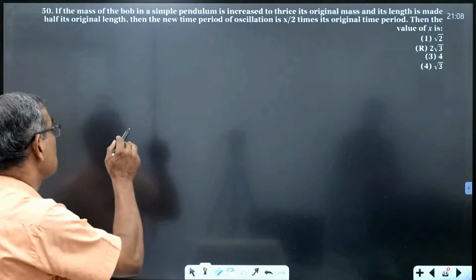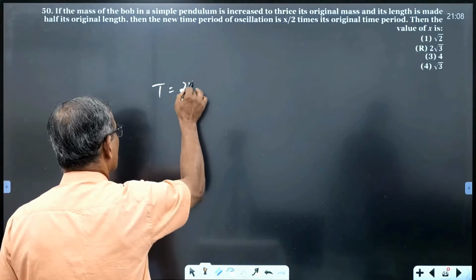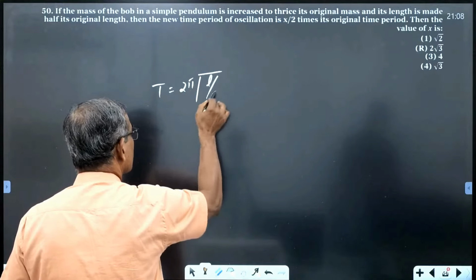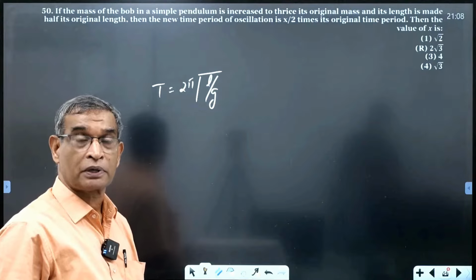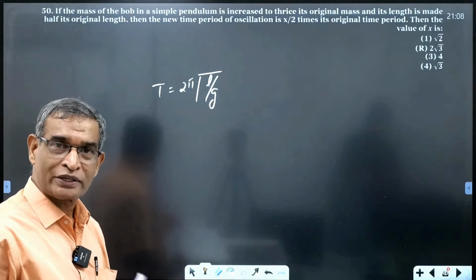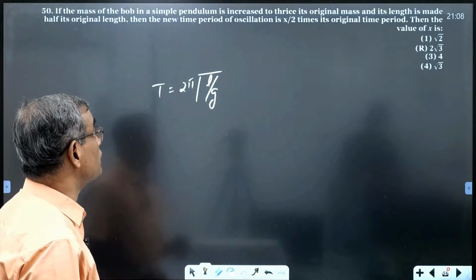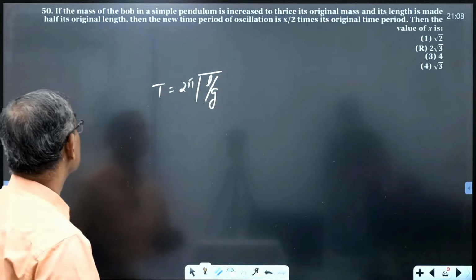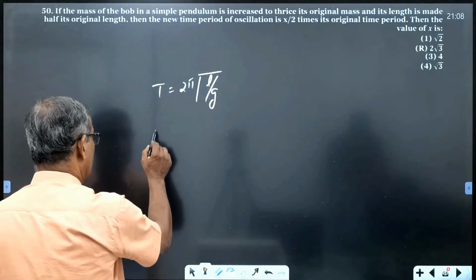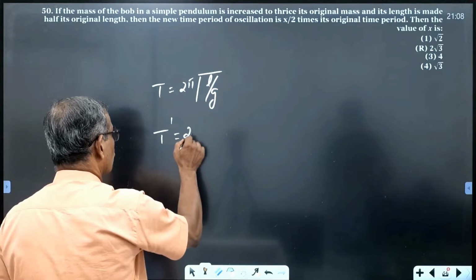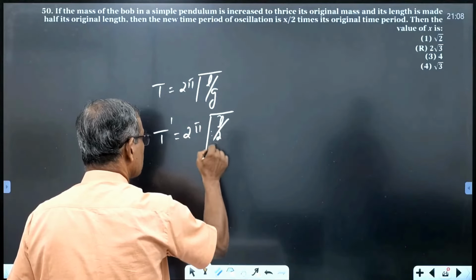Now, you know the time period of a simple pendulum T is given by 2 pi root of L by g, and there is no room for the mass of the bob in the expression for time period. Whether you make the mass twice or thrice, the time period remains the same. But in our problem, the length is made half the original length. The new time period is T dash equal to 2 pi root of L by 2 by g.